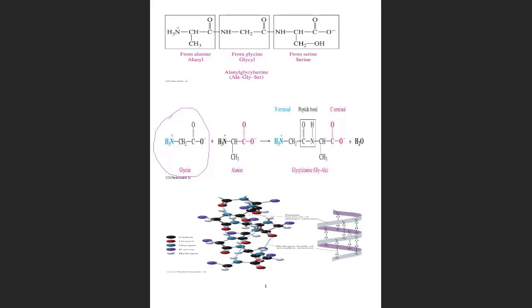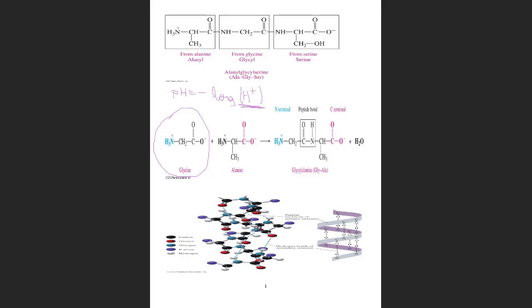The pH is the minus log of the concentration of protons. So depending on the concentration of protons, the protein will be more soluble or less soluble.